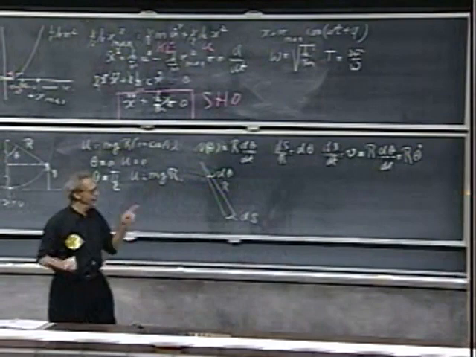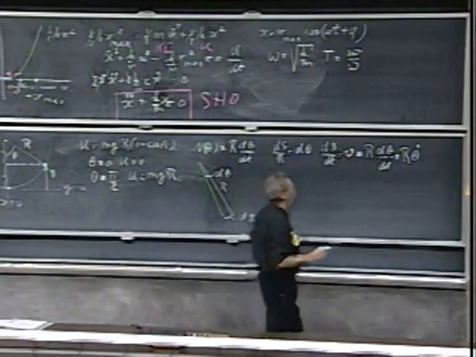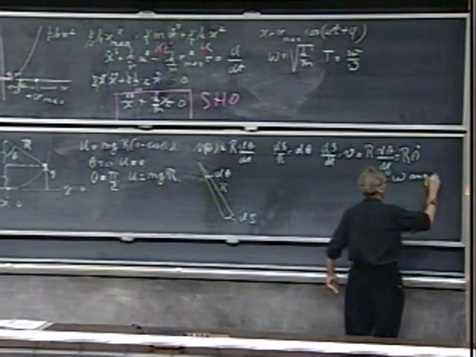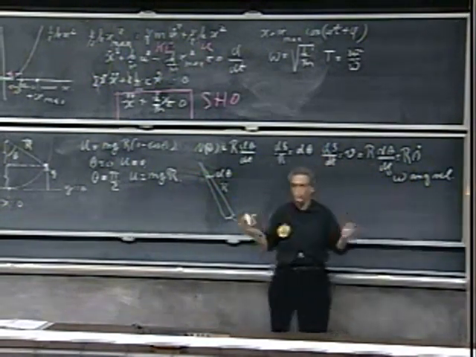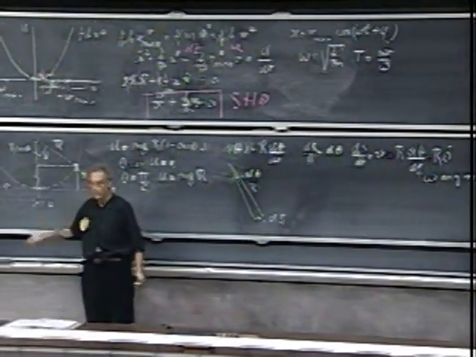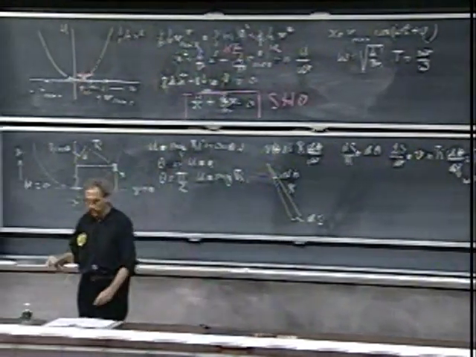But keep in mind that in this case the angular velocity omega is changing with time. The angular velocity is 0 when you release it, and is a maximum when it goes through the lowest point.